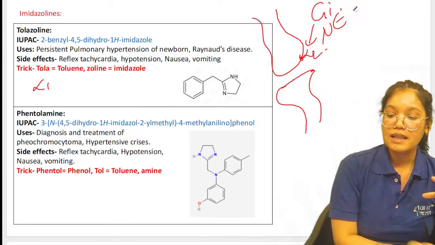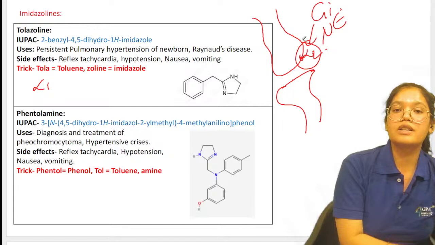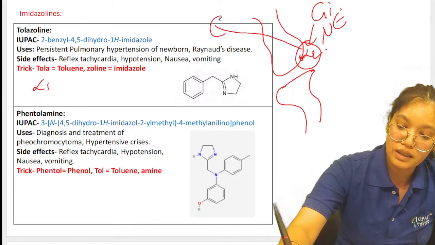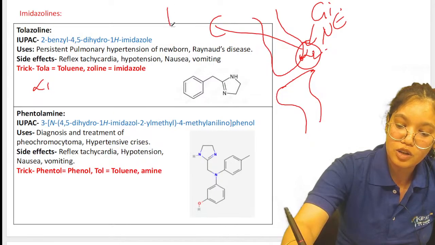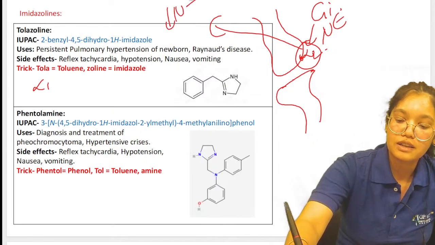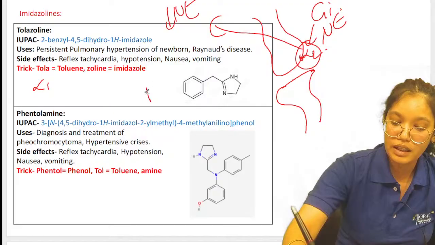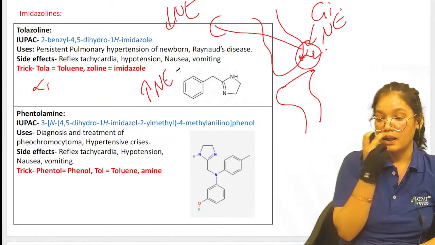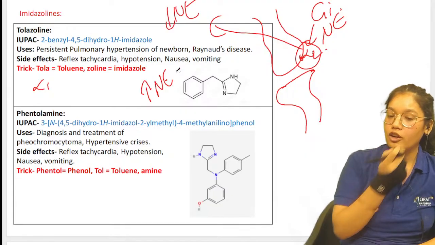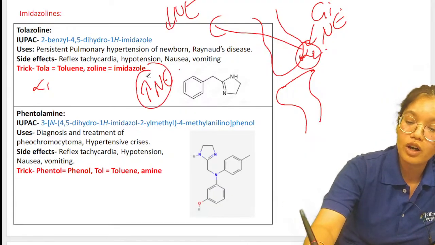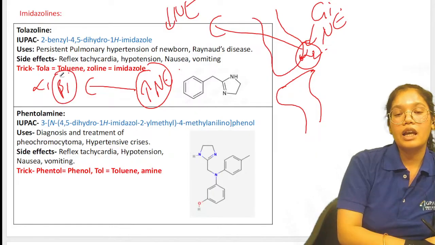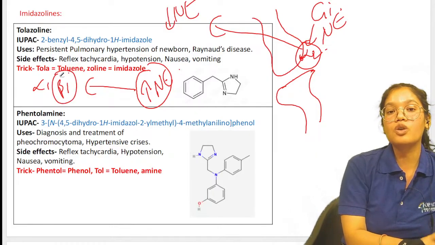Now as these alpha 2 receptors are blocked, this will not result in the stopping of norepinephrine release. So it will result in an increase in norepinephrine. Now due to that increase in norepinephrine, this norepinephrine will go to beta 1 receptors, and there it will show its action.